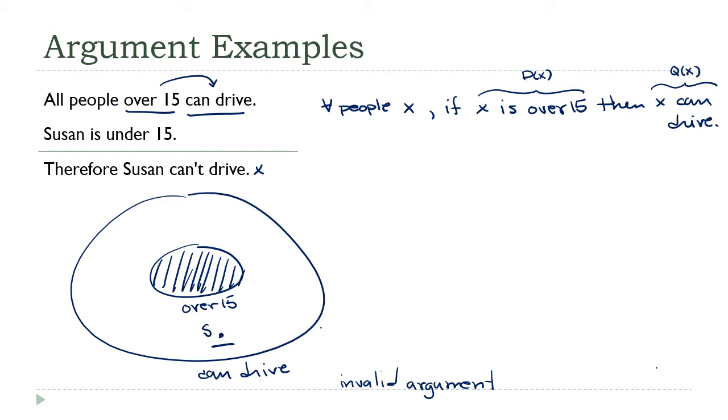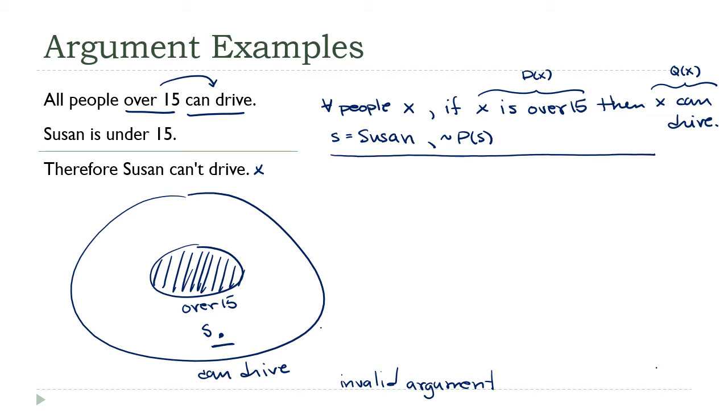Susan is a specific person, so I'm going to let S represent Susan, and P of S is false. P of S is not true because she is under 15. Therefore, what is our conclusion?